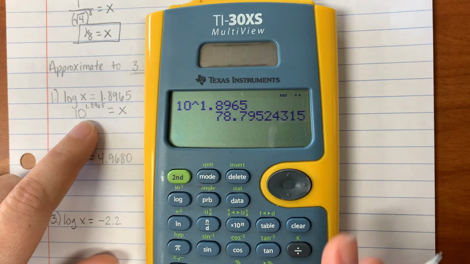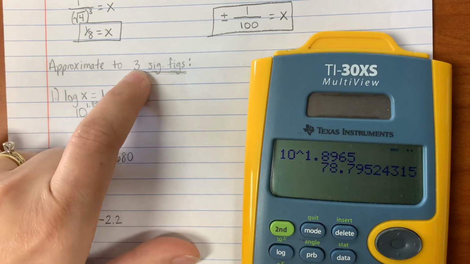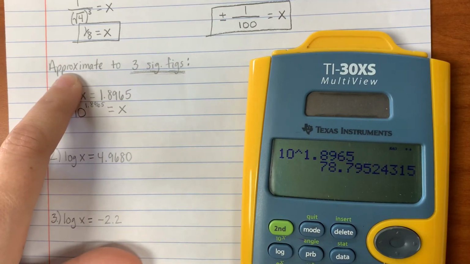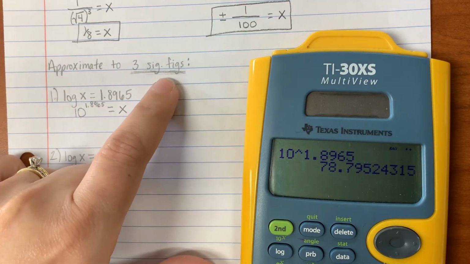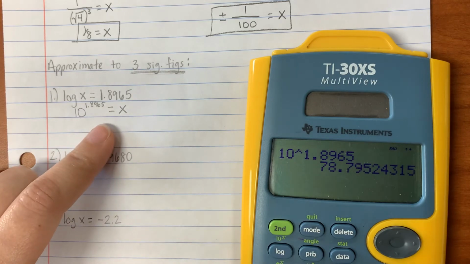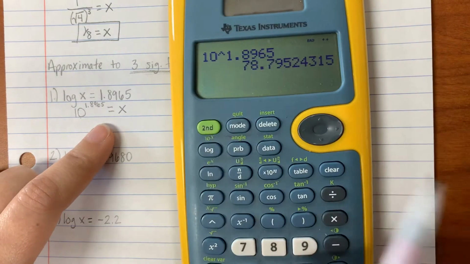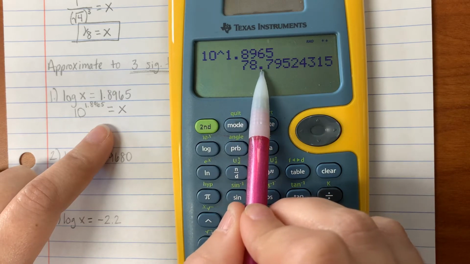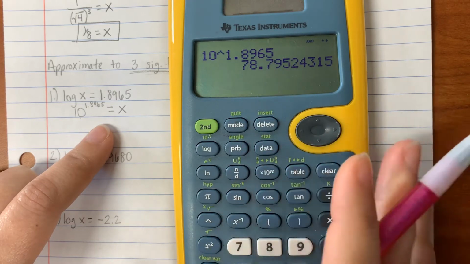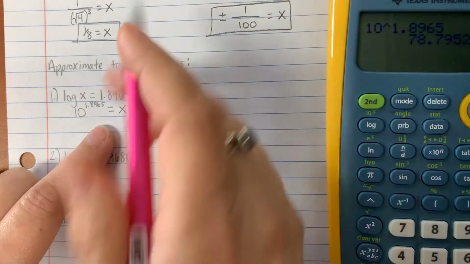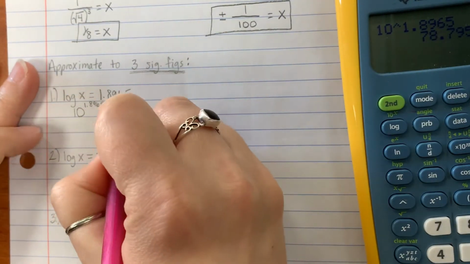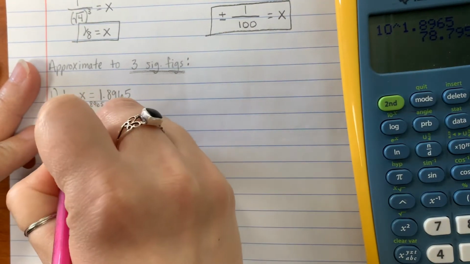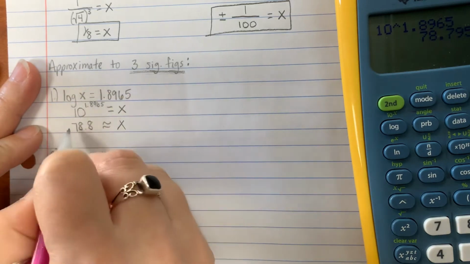Well, they want me to give my answer to 3 significant figures. So I'm approximating this, but only to 3 significant figures. That means figures that aren't 0, in other words. So in this case, I'm just going to take those first 3. So 78 point, and then I'm going to round that to 8. So it's about 78.8. So x is approximately 78.8.